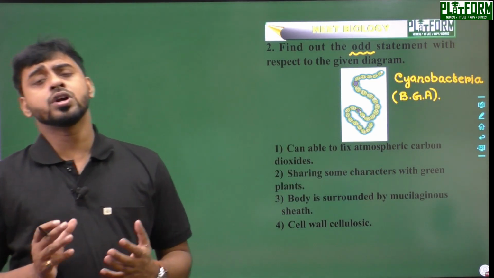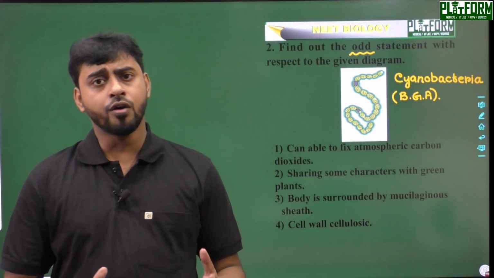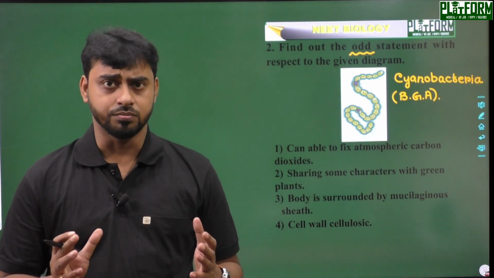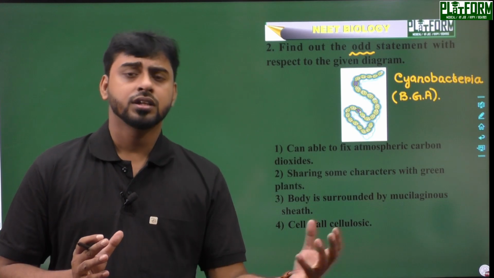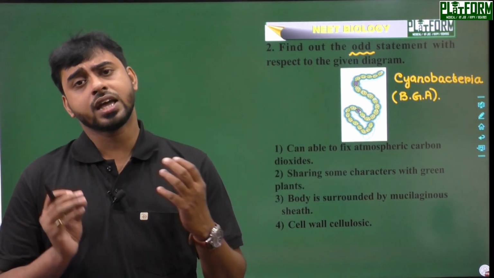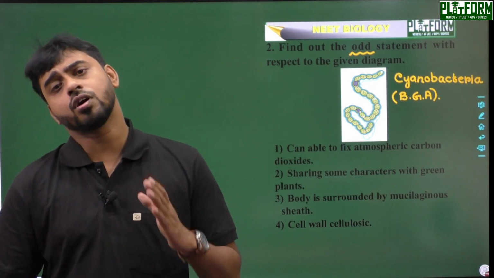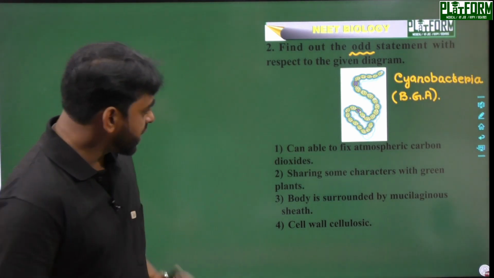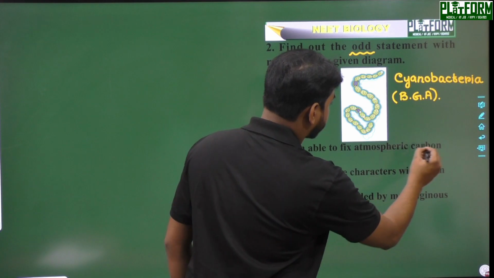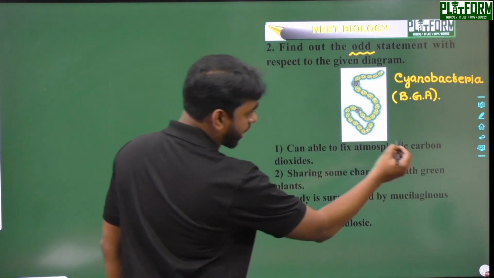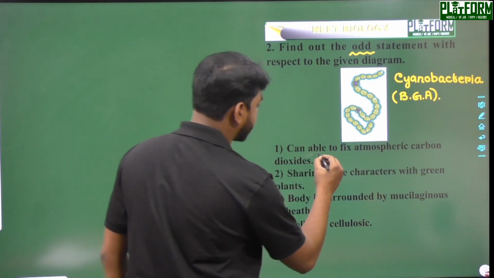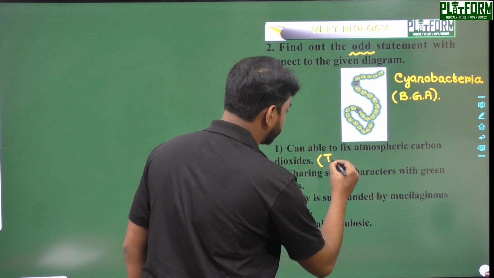Cyanobacteria or the blue-green algae is a group of photosynthetic organisms. They can fix the carbon dioxide and prepare their own food by the process of photosynthesis. That means they can fix the atmospheric carbon dioxide. This is a true statement.